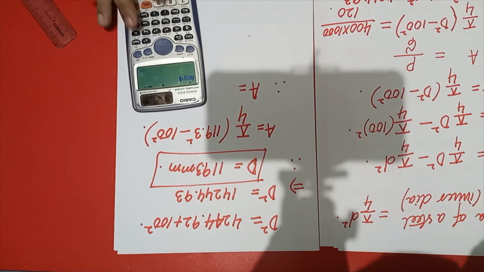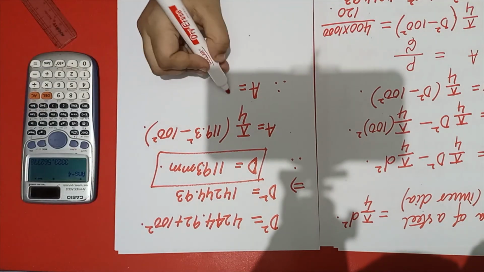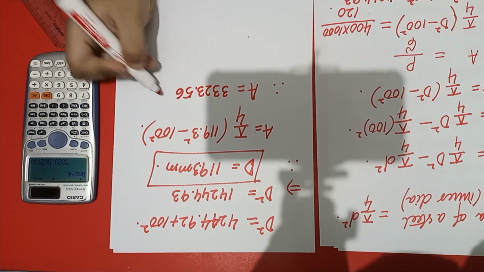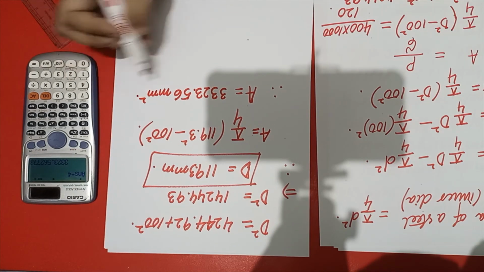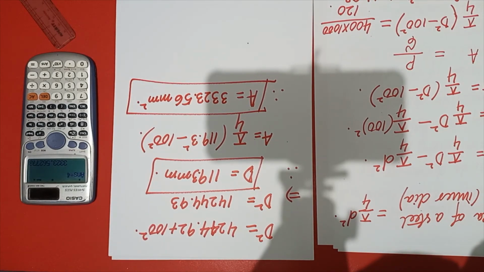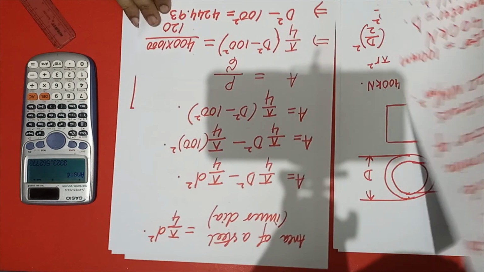So multiply by 3.141 divided by 4. This is coming out to be 3323.56 millimeter square. So this is the way we can find the area in this question as well, if it is asked. Hopefully you will understand this numerical and it will be clear to all of you.